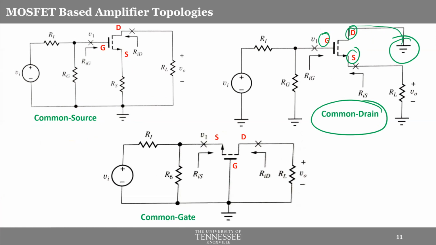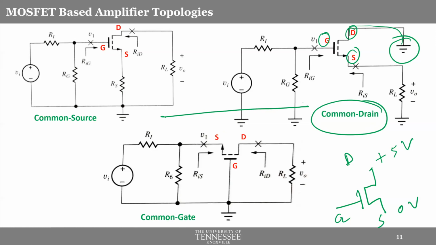Remember, ideally, when you have an NMOS, you know which one is the gate. There is no confusion. But depending on where you apply the higher voltage, say if you apply plus 5 volts here and 0 volts here, this will be drain and this will be source. But for the sake of comparison between these two things, we will consider that this gate, drain, and source are fixed, right?